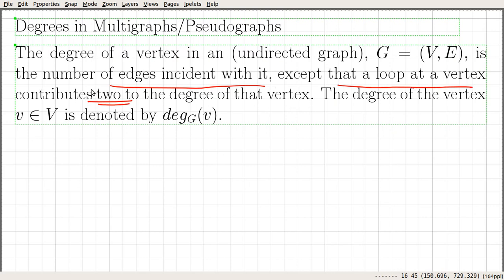That's the very important distinction between the degree of a simple graph and a multigraph. Loops contribute 2 to the degree of that particular vertex, and again the degree of a vertex v, an element of V, is denoted by deg sub G of v, where G is the graph under consideration. Okay, so let me give an example.